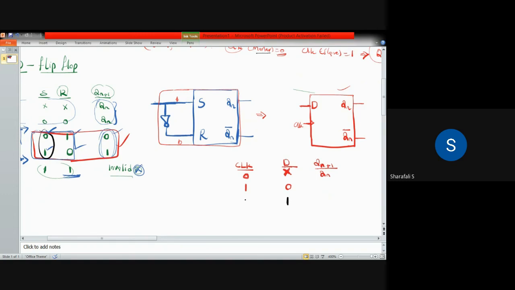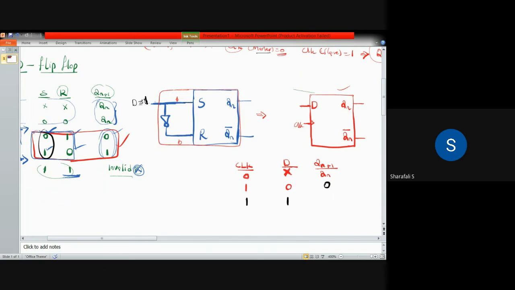Two states are there: clock is 1, D equal to 0, D equal to 1. These two are possibilities. When D equal to 0, your S is equal to 0. Here you can see, let's consider this as your D, and this will be equal to 0. D equal to 0 means your S is equal to 0. S equal to 0 means the condition is reset, and reset means your output is going to become 0.